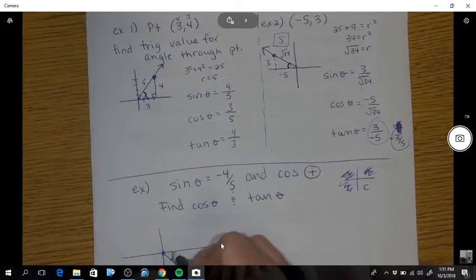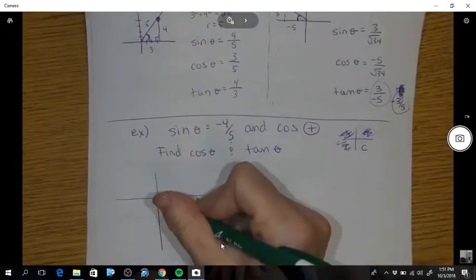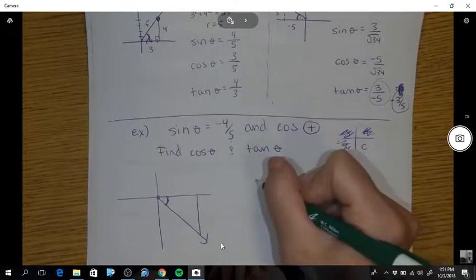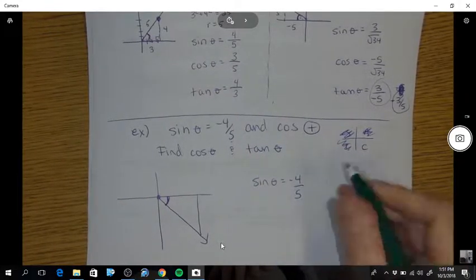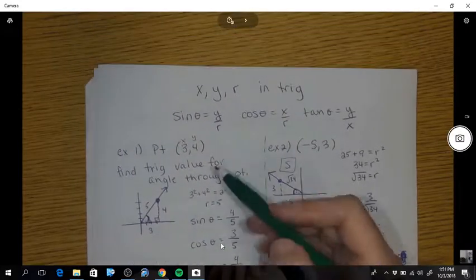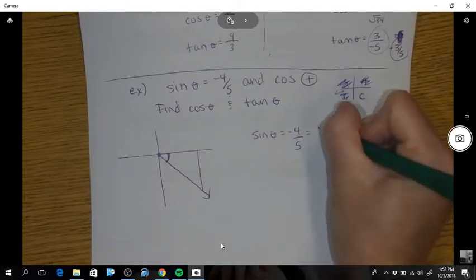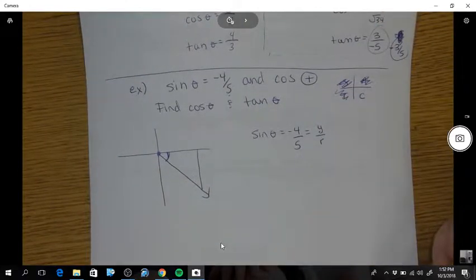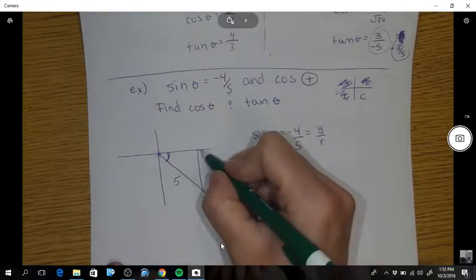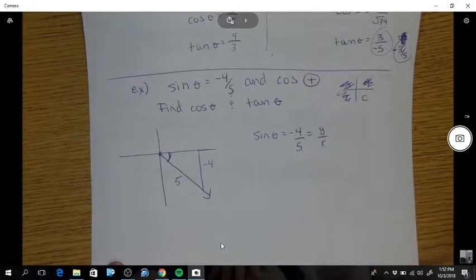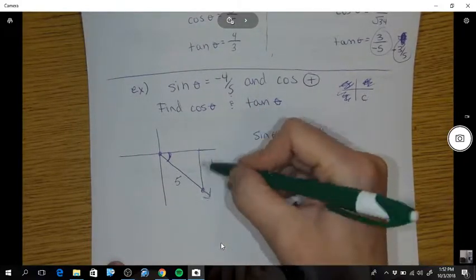So my angle is connected to my x-axis. Sine of angle is -4/5. Going back here, sine of angle is y over r. So I know that my r is 5 and that my y is -4. And just double check with yourself, -4, right?